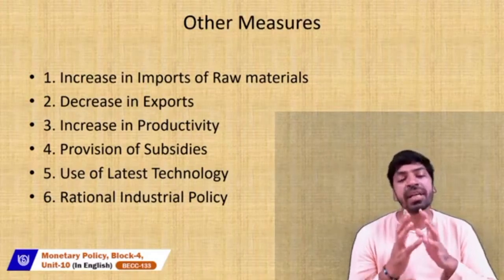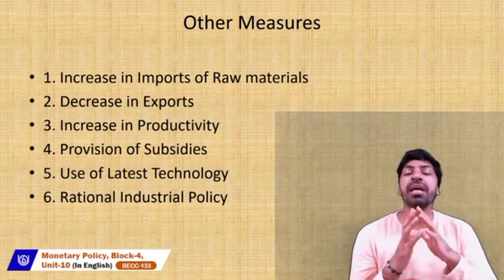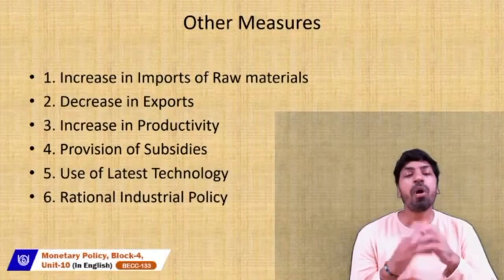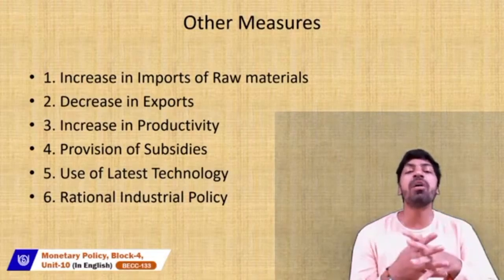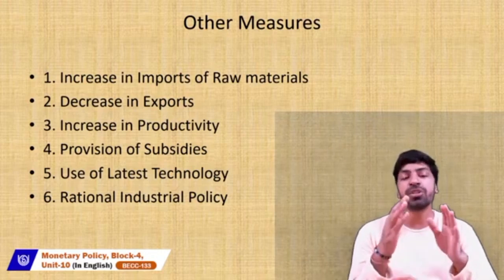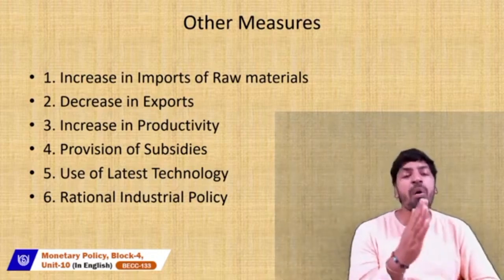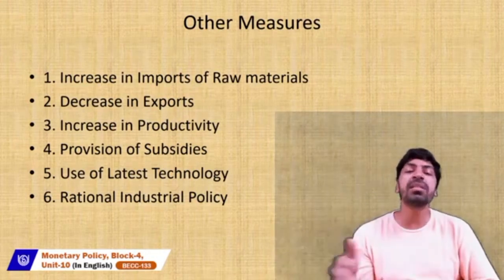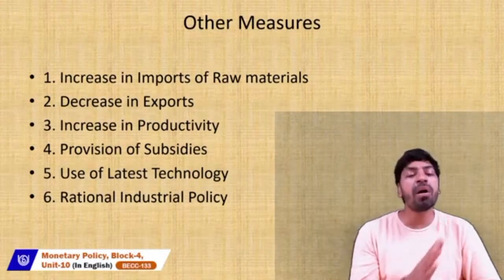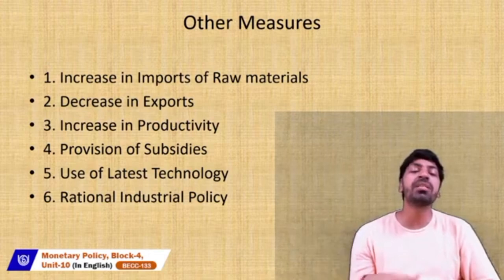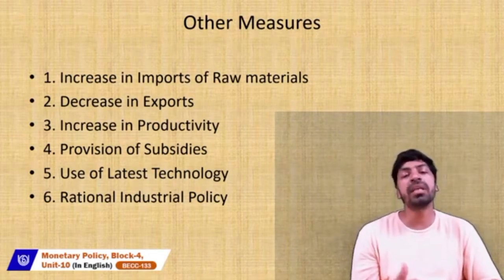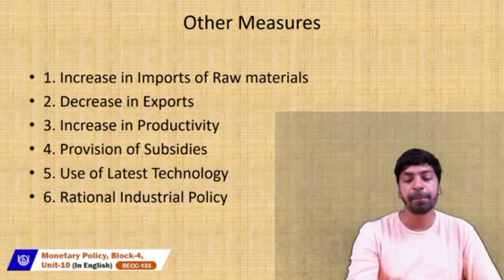Rational. So whatever the rules, regulations and norms are to be introduced for the new industrial policy, or for the exact industrial policy, should be rational. It should be uniform in all the industries, and the policies and norms could be followed by all industries, by their workers or their senior management heads.